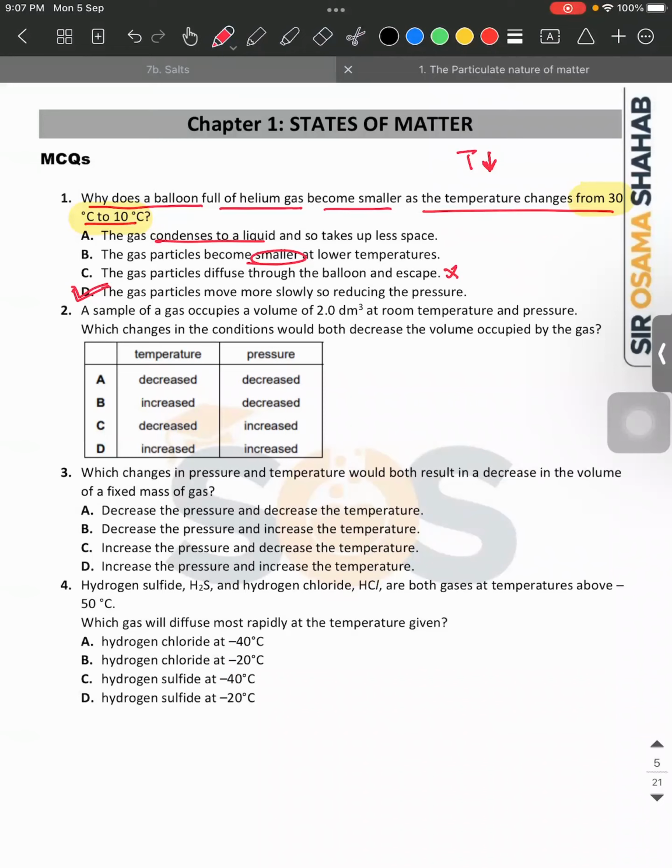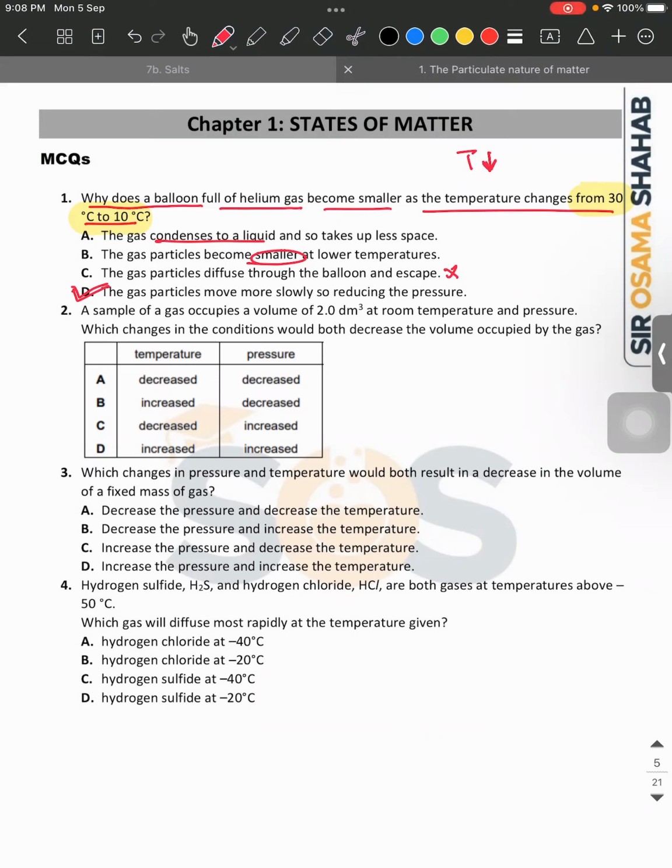Yes, the second one is from Kiran. Yes, Kiran, can you solve this? This is also very simple. Sir, part C. Okay, let me check. A sample of a gas occupied a volume of 2 decimeter cubed at room temperature and pressure. Which changes in the conditions would both decrease the volume occupied by the gas?